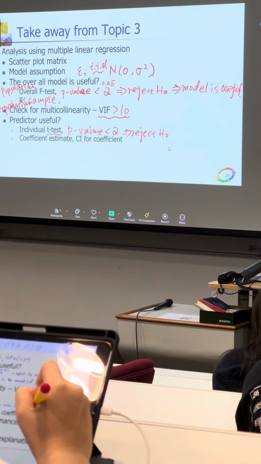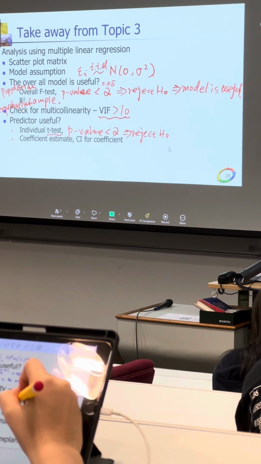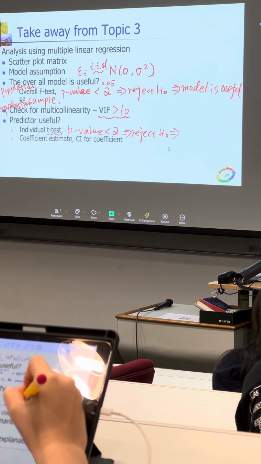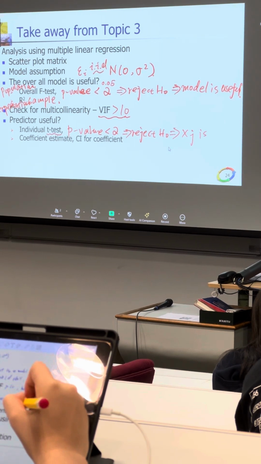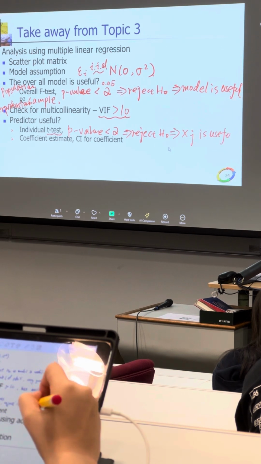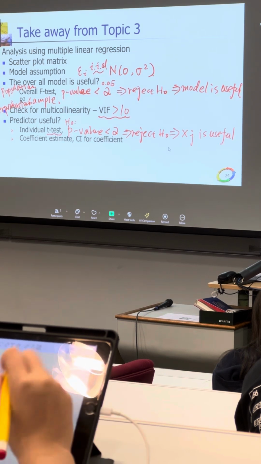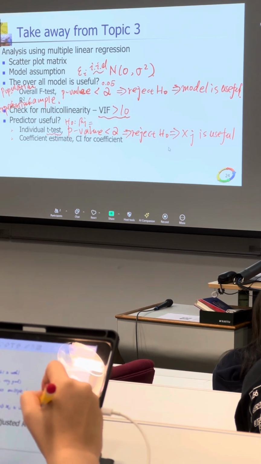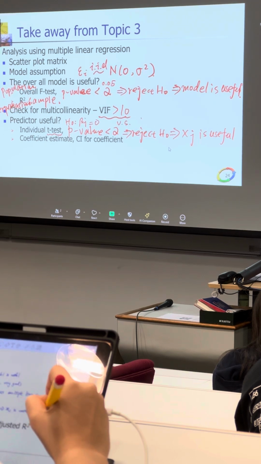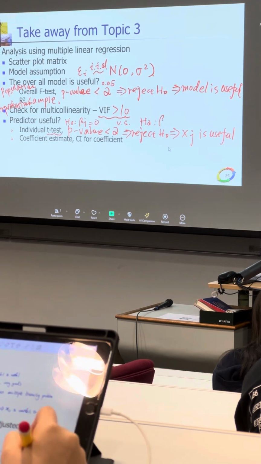Alpha is usually chosen to be 0.05. And then we can conclude that the predictor xj is useful to predict y. For this test, the null hypothesis is beta j equals 0, and the alternative is beta j not equal to 0.